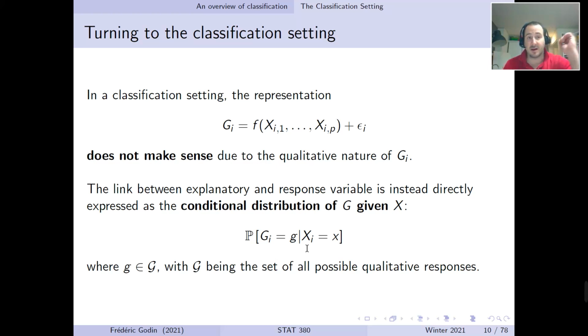So if I give you predictors for an observation, I'd like to know, for example, there's 80% probability that you're going to be in the first class, a 10% probability in the second class, and 10% in the third class, or something like that. So this is the type of function which would characterize the relationship between the response and the predictors in a classification setting.